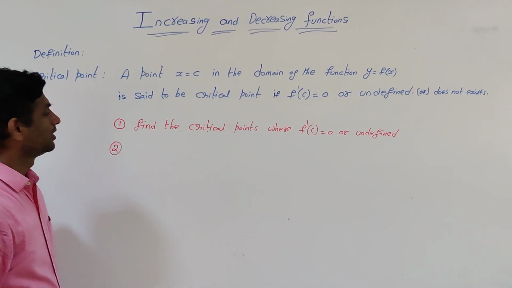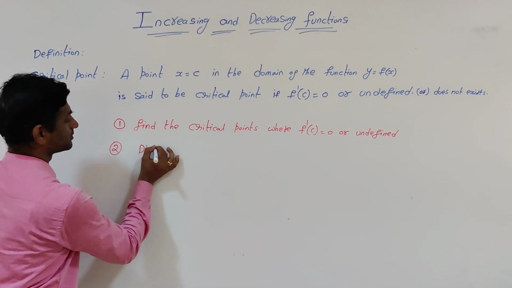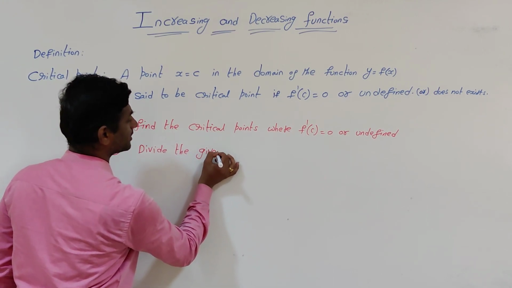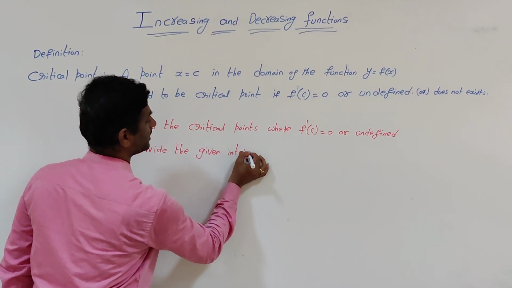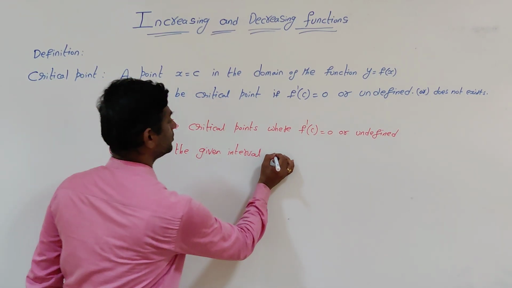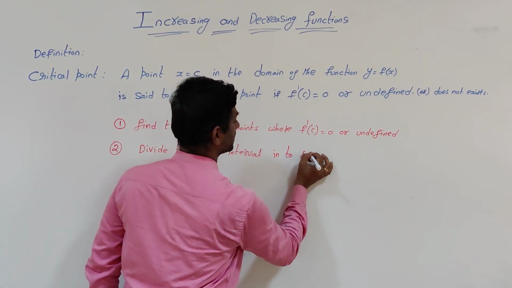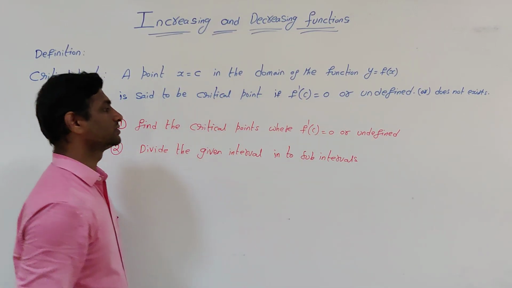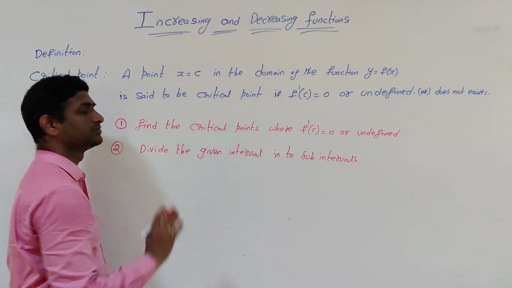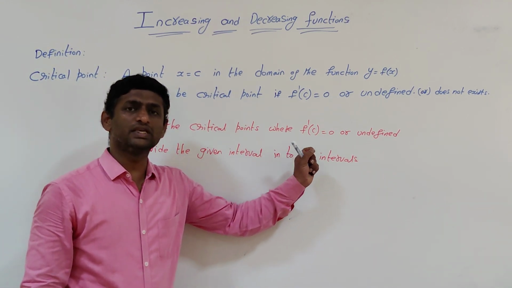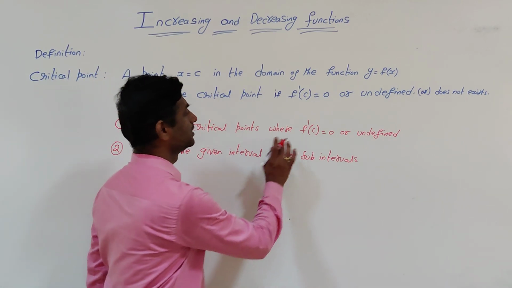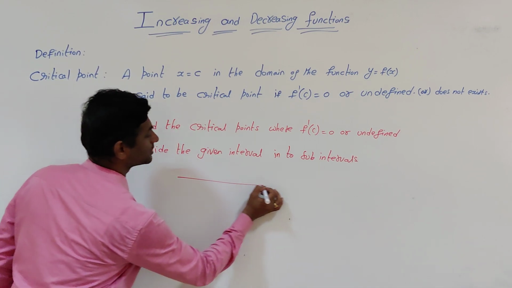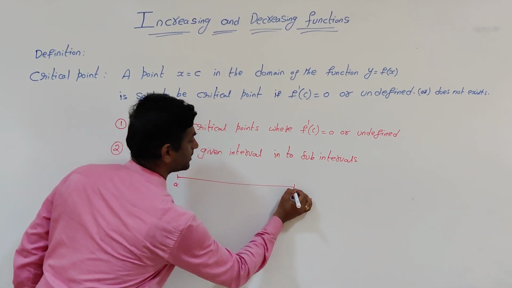Second is to divide the given interval into subintervals. Suppose the critical points are at some c1 and c2. Let us assume that the domain is a and b.